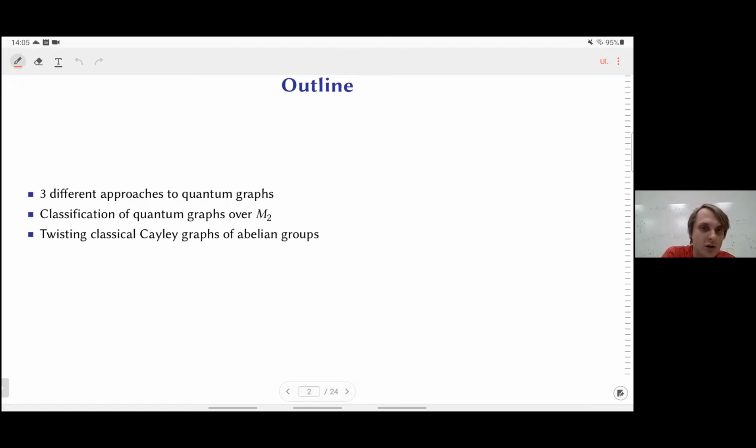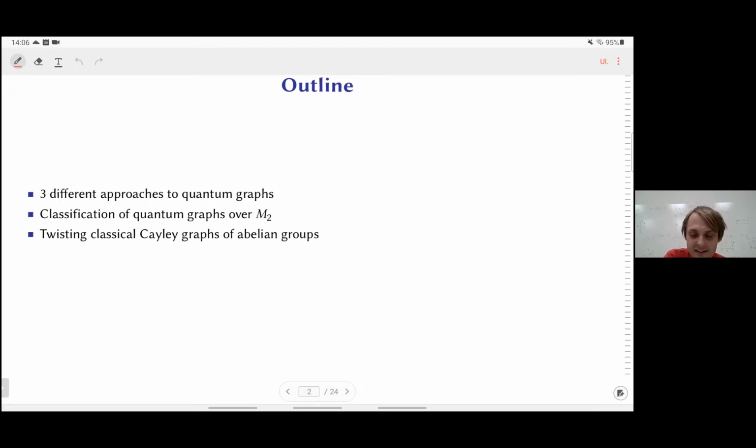Okay, and also maybe it's good to mention that I will mostly speak about quantum graphs themselves, and in this sense the three different approaches are nothing new, so this is not a new result. Also in the other two points, I think that the hard work has already been done somehow, but this work tries to put it together and really understand what quantum graphs are.